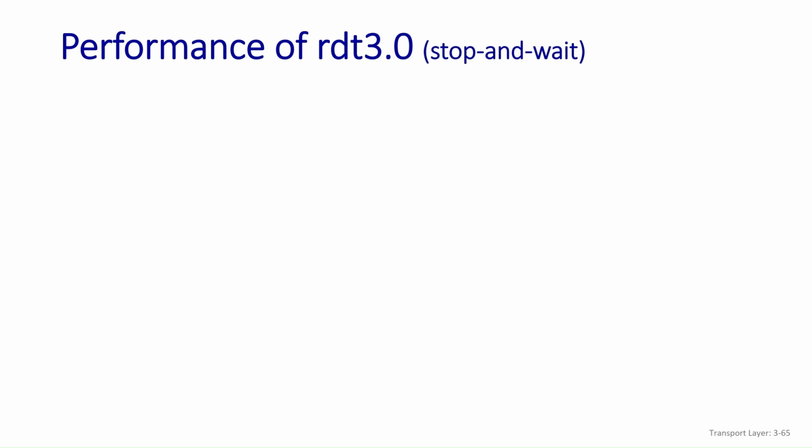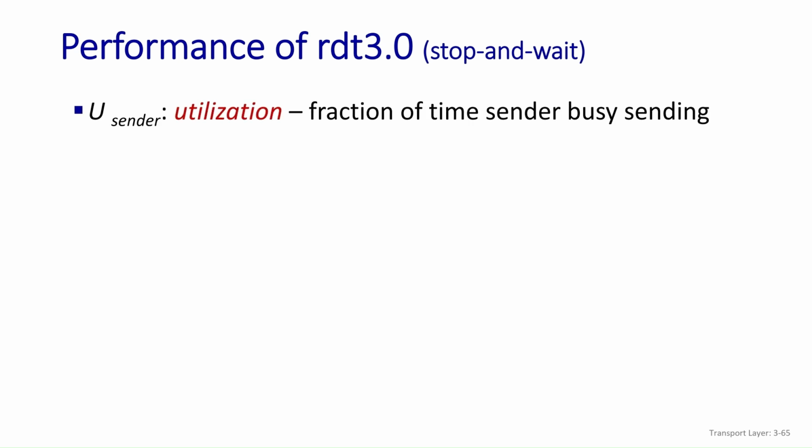And it's time to evaluate the performance of this reliable data transfer, especially keeping this stop and wait mechanism in mind. We'll try to analyze the performance by calculating the utilization, that is the fraction of time the sender is busy sending the data.